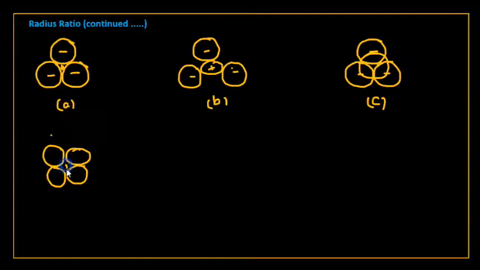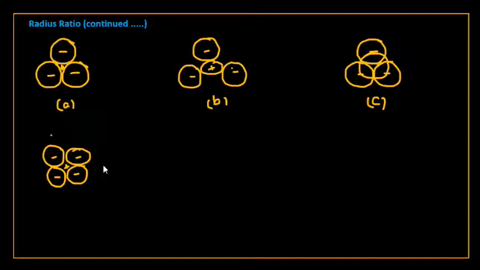In the middle we have a cation. Here the coordination number is 4 and it is a stable tetrahedral arrangement.